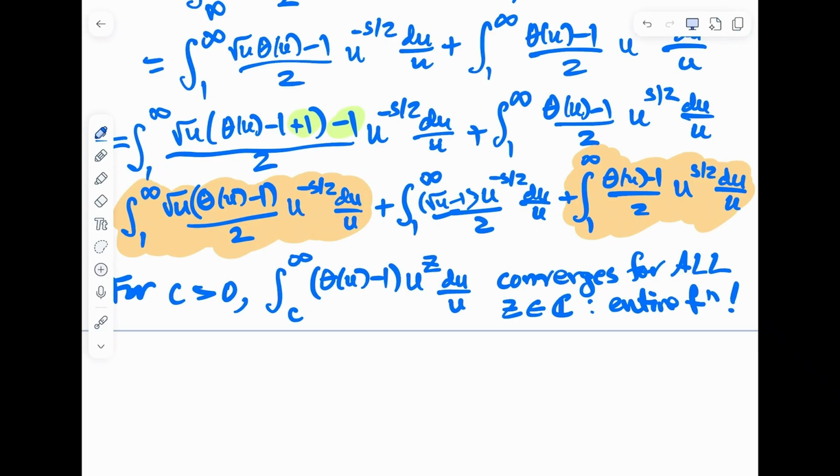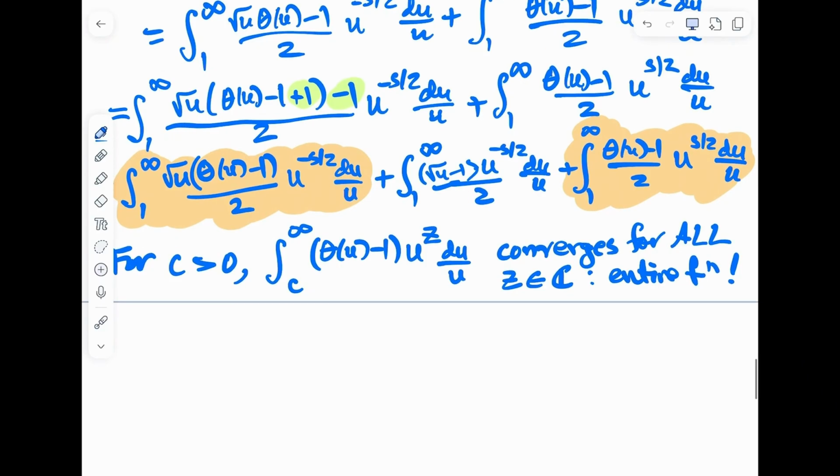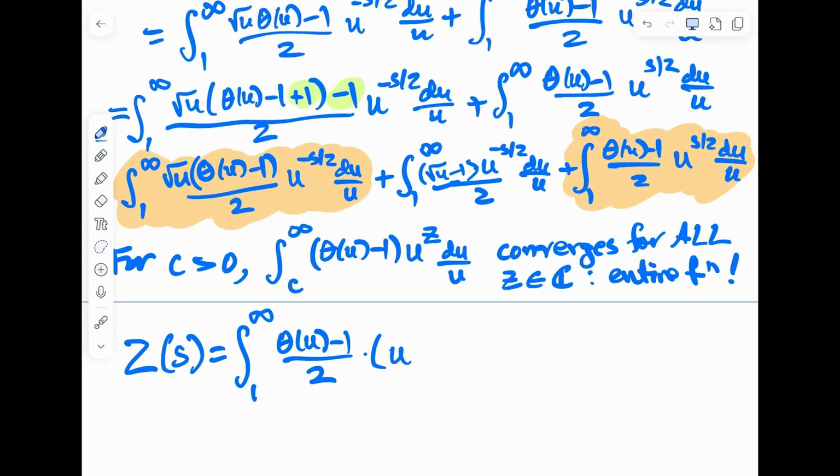How do we know that even makes sense? But we'll come back to that in a moment. So now, if we combine the two shaded integrals, we'll do the theta, take away the constant term over 2 first. And in the third integral, we have a u to the s over 2. In the first integral, the square root times the u to the minus s halves is u to the 1 minus s halves.